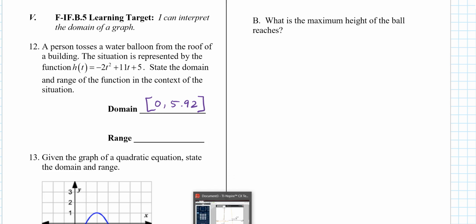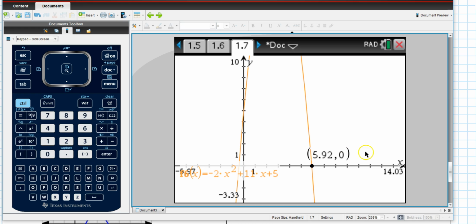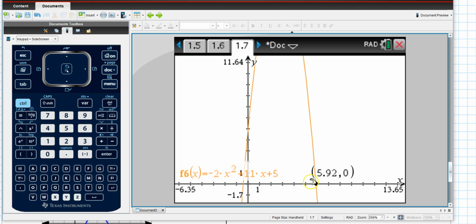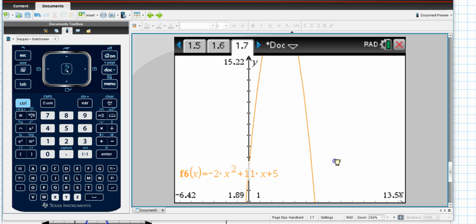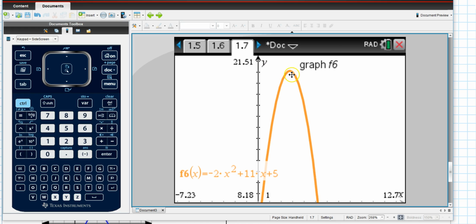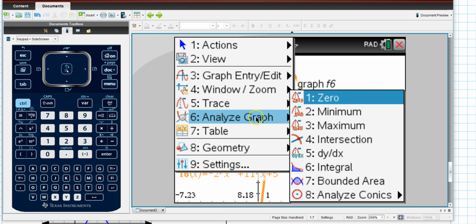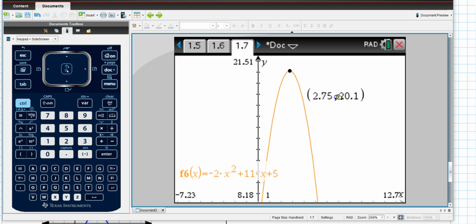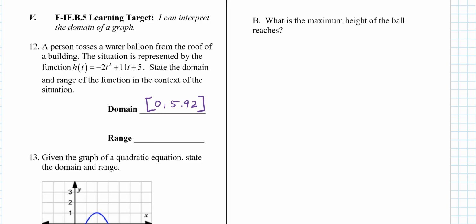My range, same idea, is the y values. Well, I don't care about my graph once it hits the ground, so I'm going to stop at 0, and then I want to know what this highest point is right there, because we're talking about y, so the highest it ever goes is that point. So again, menu, analyze graph, this time it's a maximum, and that's at 20.1 feet.